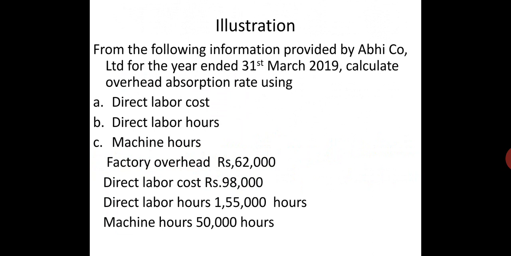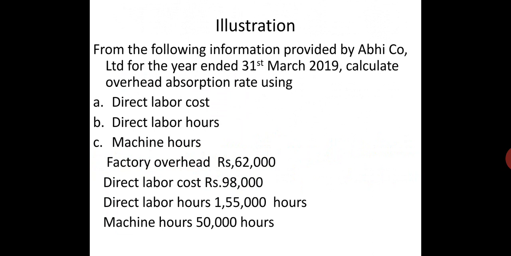Now, in this problem under absorption of overhead: from the following information provided by Abhi Company Limited for the year ended 31st March 2019, calculate overhead absorption rate using direct labor hours, direct labor cost and machine hours.